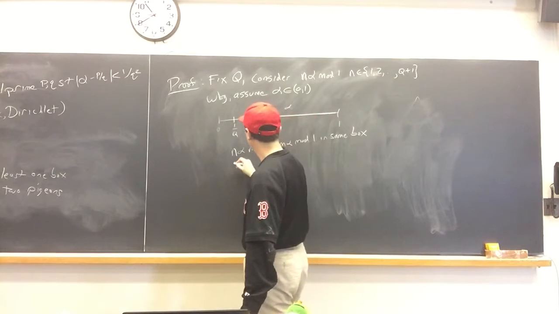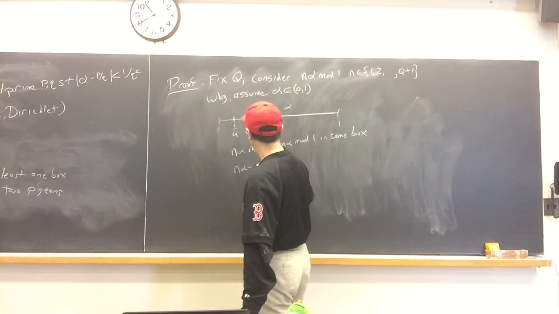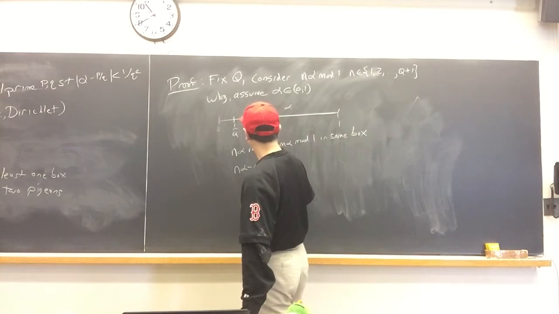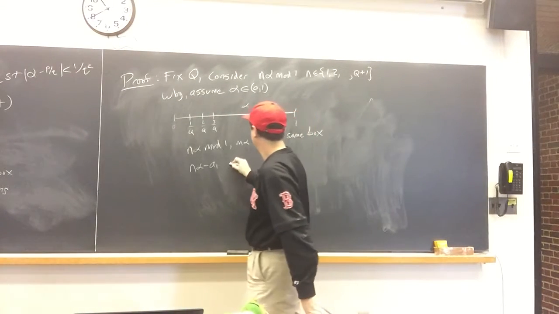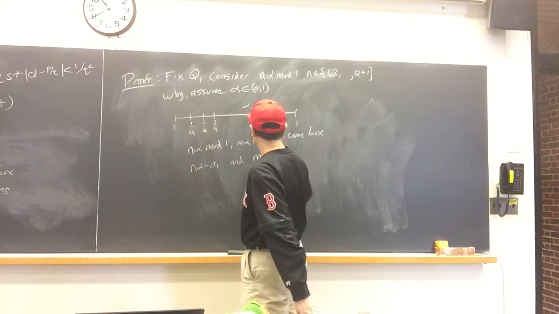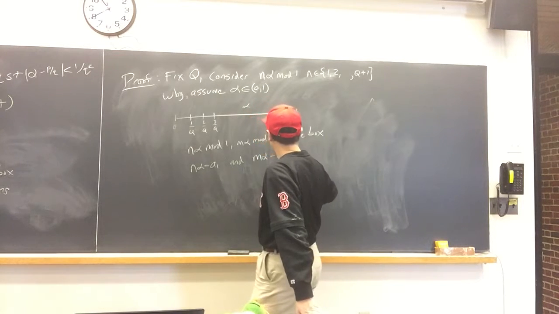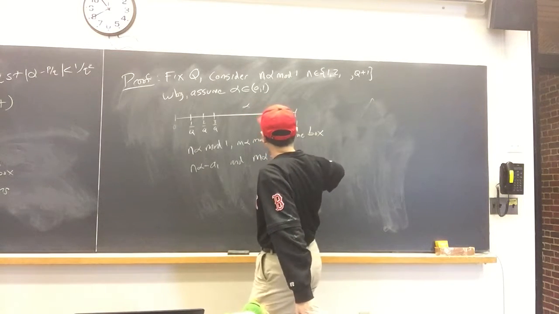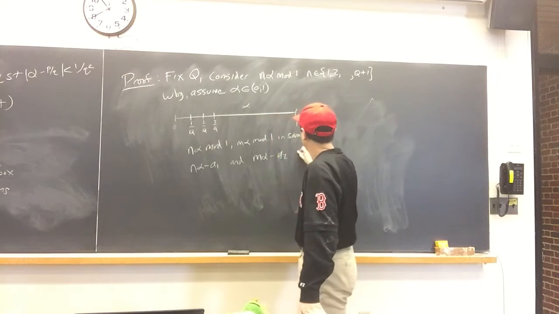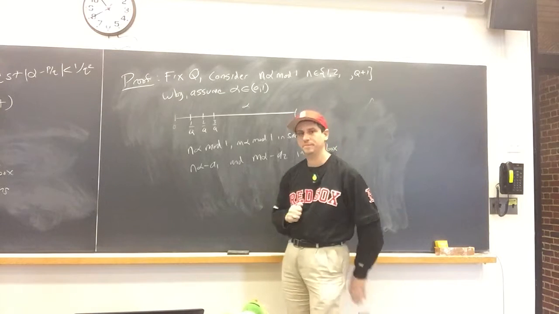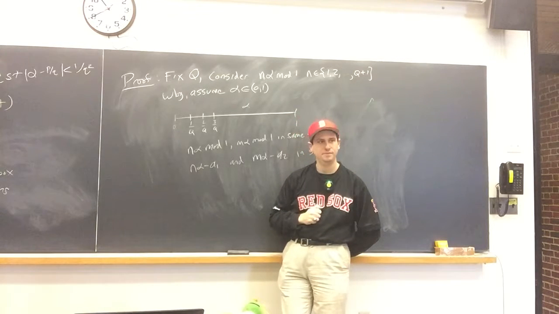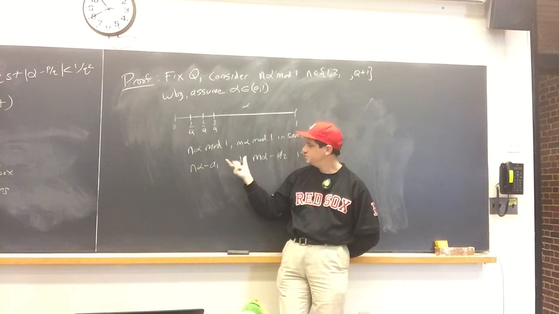So I can write this as n alpha minus a1, to make it a number between 0 and 1, and m alpha minus a2, in the same box. So what's the difference between these two?